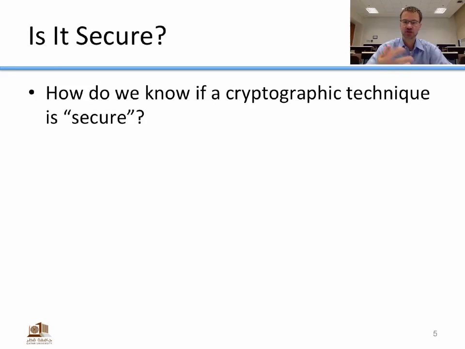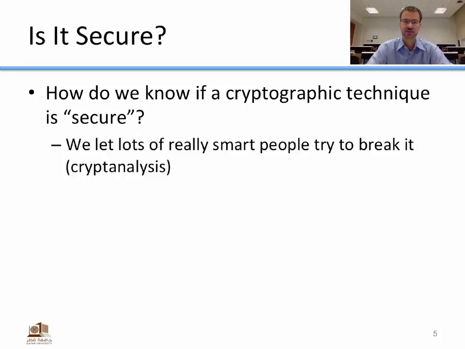As we talk about cryptographic techniques, we're going to do some simple ones today, but more complex ones later. How do we know if a cryptographic technique is secure? How do we know if it's good and that a cryptanalyst, someone who's trying to break it, isn't going to be able to? Well, we don't actually have good, hard and fast, provable ways to verify that cryptography is good.